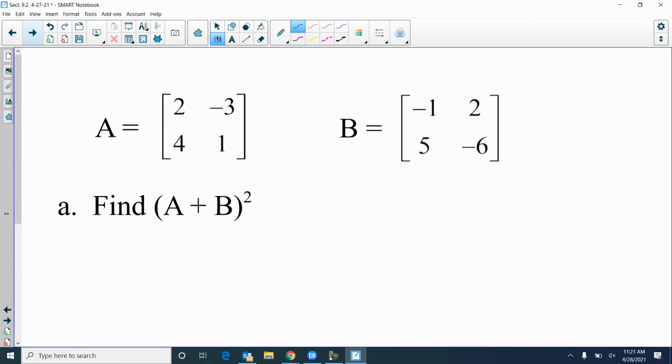Okay. All right. Now, on that next page, you should have A and B there. You really got to watch your instincts for squaring something because it will be incorrect. And I'll show you here in a second. Go ahead and add those two together like you normally would.